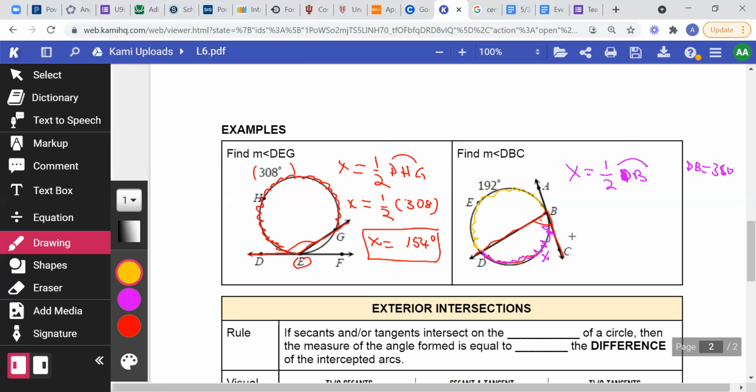So to get the purple, you just do 360 minus the orange. So 360 minus 192 gives us DB equal to 168. Then you go back to the equation you already set, half of 168, which is definitely 84.